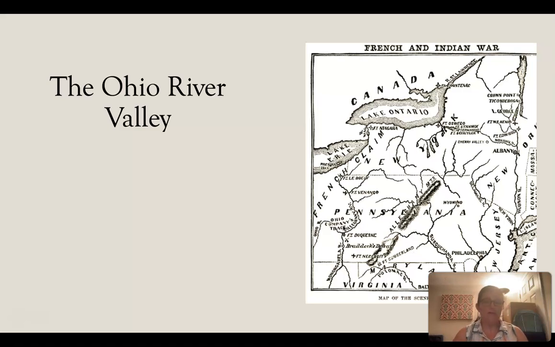In 1753, Governor Robert Dinwiddie of Virginia learned that the French had built a fort near Lake Erie and had built a fort in part of the Ohio country that was claimed by Virginia. So he sends out an expedition of about 8 men under the leadership of a young colonial military volunteer named George Washington to warn the French to withdraw.